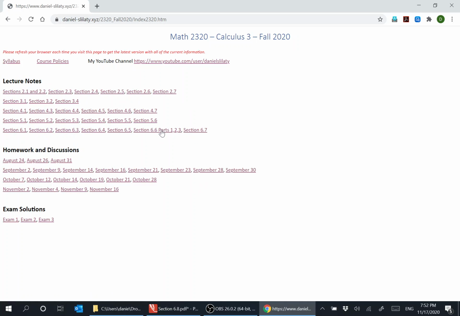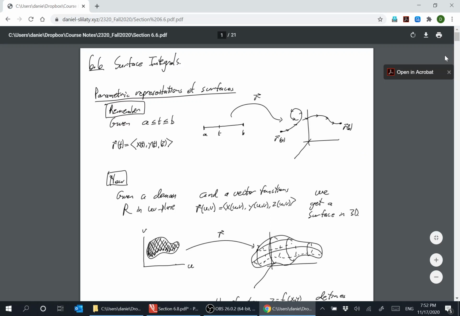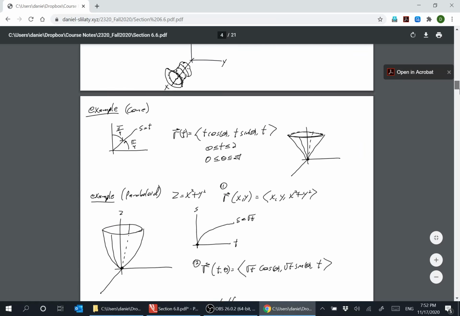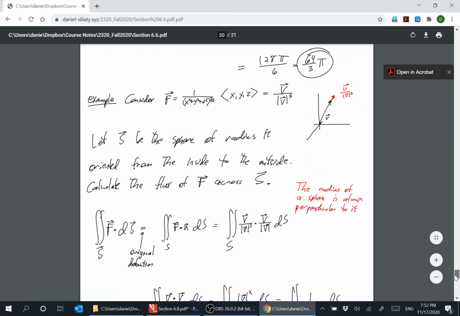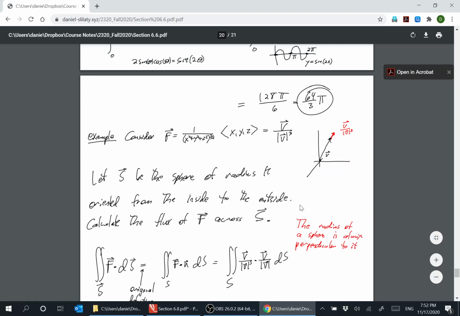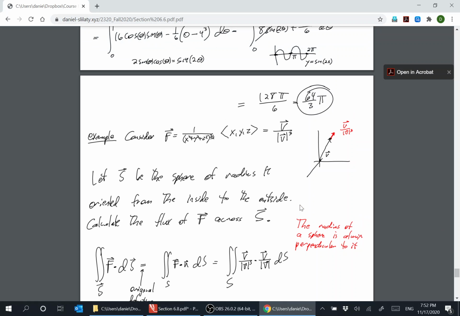I think it was probably the last example that we did. So f is equal to 1 over (x squared plus y squared plus z squared) to the 3/2 times the vector x, y, z. So it's essentially vector v over the length of v cubed.